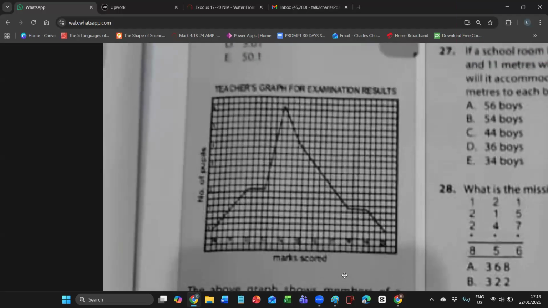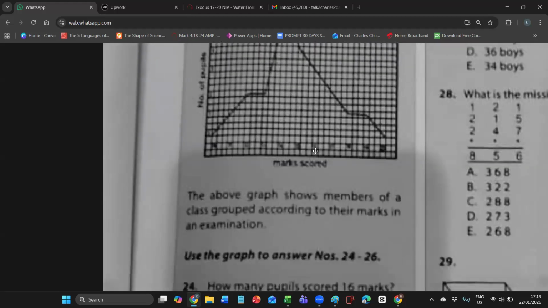Okay, so let me see if I understand your question. This question, number 24 to number 26, is about statistics. Sometimes people use numbers to come to a decision. For instance, they've done this graph, it might be a school.